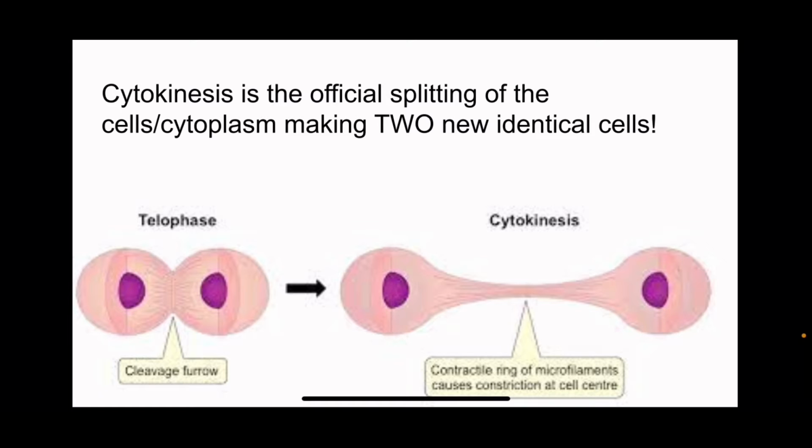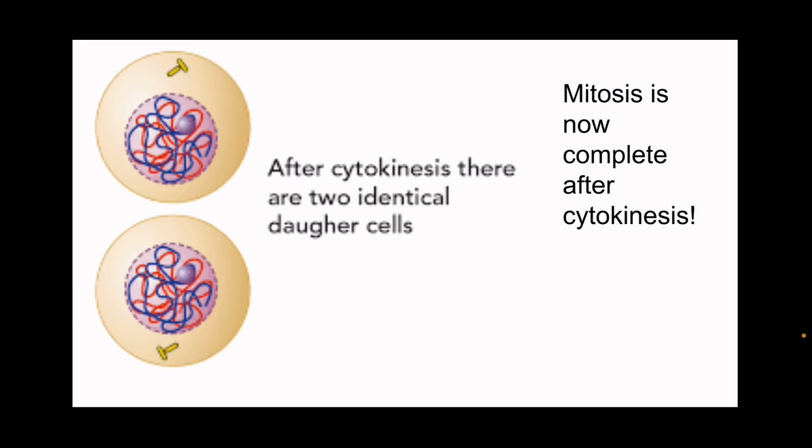Cytokinesis is the official splitting of the two cells and cytoplasm, making two identical cells. It's instant, it happens right after. So mitosis is now complete after cytokinesis. Now we have two identical daughter cells that are the exact same.